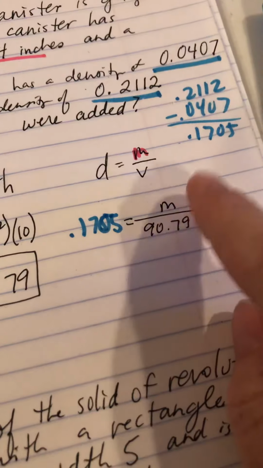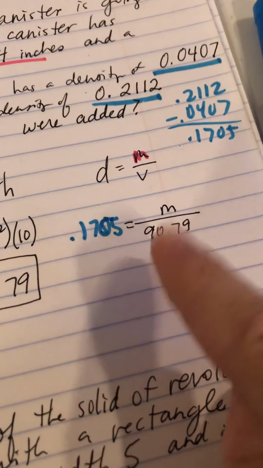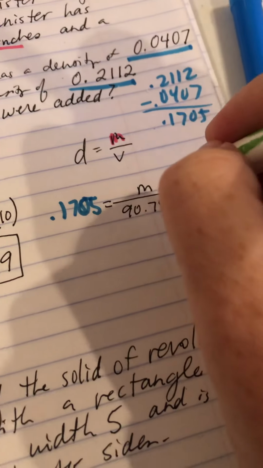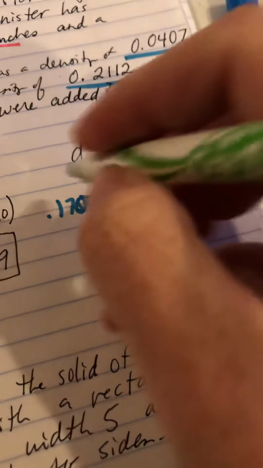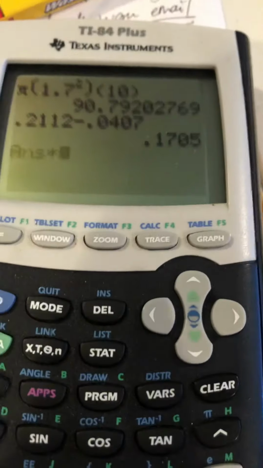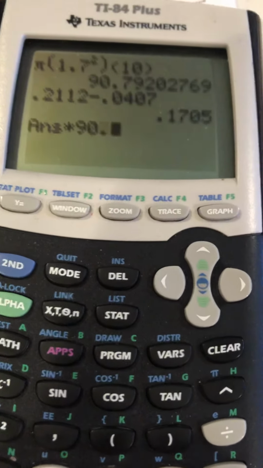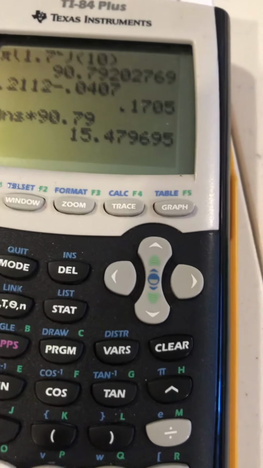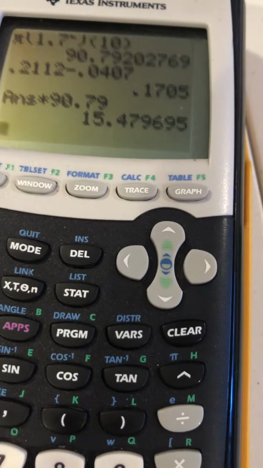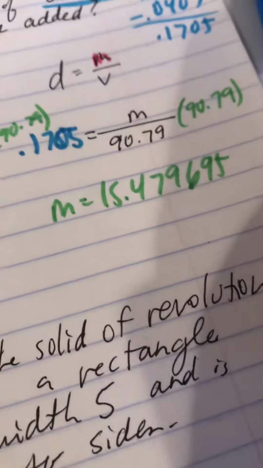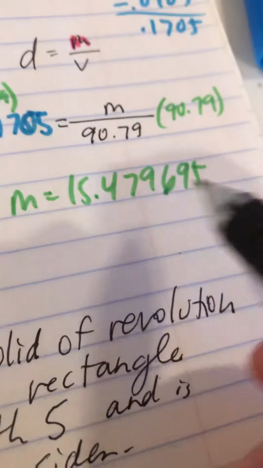We're trying to find the mass, but it says divided by 90.79. So because it says divided by 90.79, I can multiply by 90.79 on both sides. So I'm going to do this times 90.79, and I get 15.479695. M is 15.479695. Now, he didn't tell me which one we're rounding to.